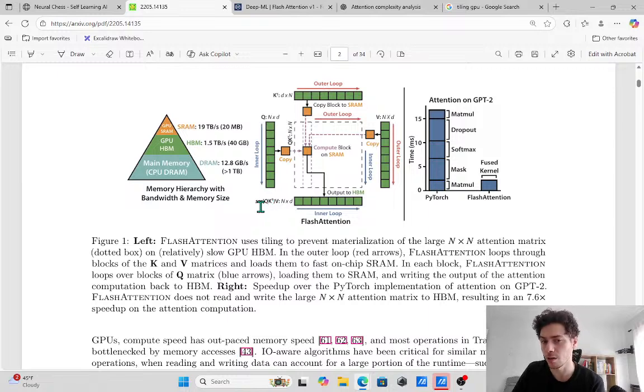Unless I'm mistaken, where you could do QKV and then softmax all of that, but I don't think that makes sense.